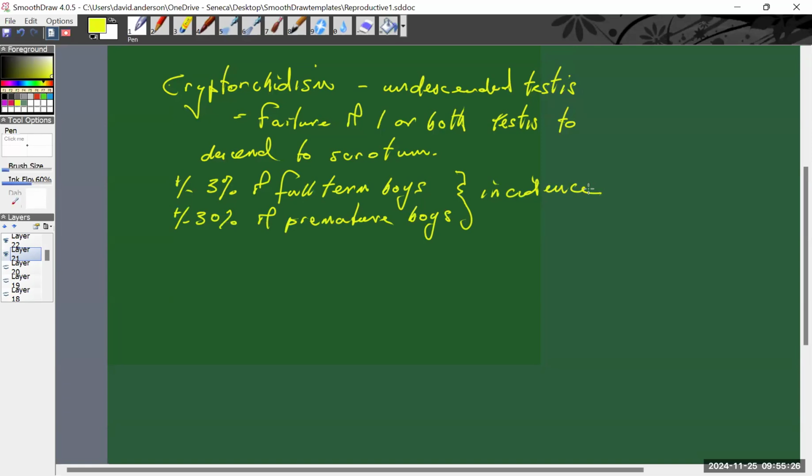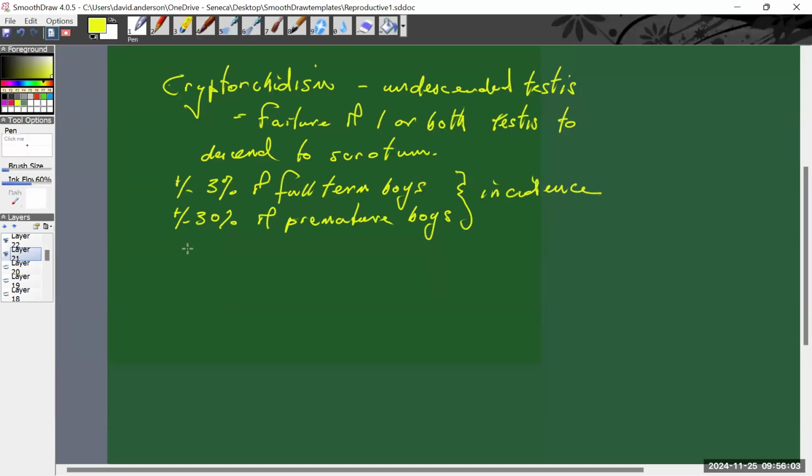Now, one of the things that puts these numbers in perspective is that you can consider these numbers in reality to be lower, because oftentimes, as the boys mature and grow and develop in that first 6 months, 3 to 6 months typically, and maybe as long as a year, these undescended testes often descend on their own. So that would actually put the incidence much lower than the 3% in full-term boys and 30% in premature boys.